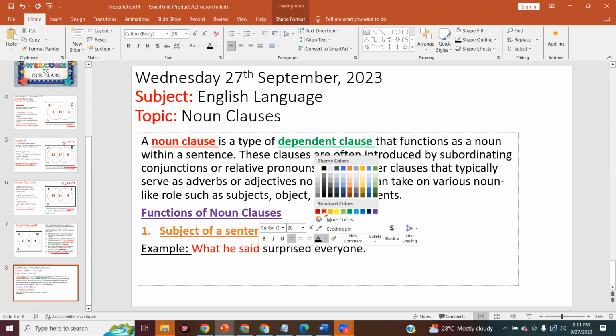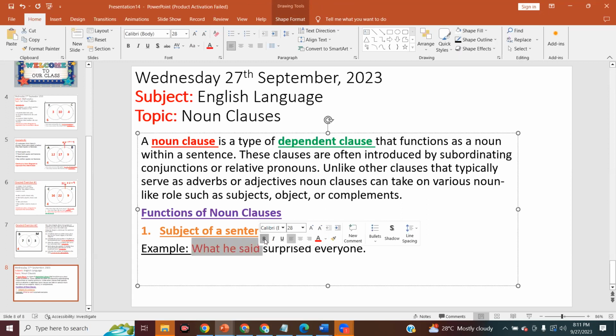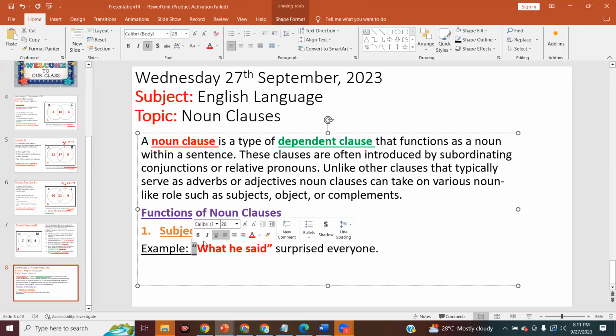And that functions as the what? The subject or the predicate? The subject. All right. So what he said surprised everyone. That is the noun clause.